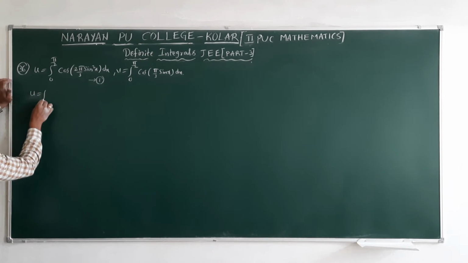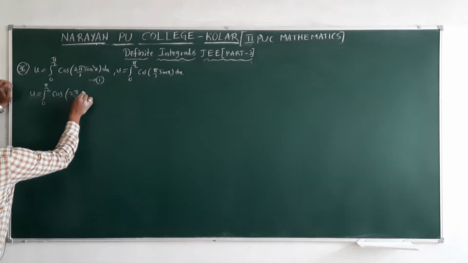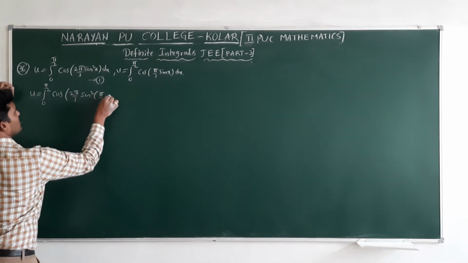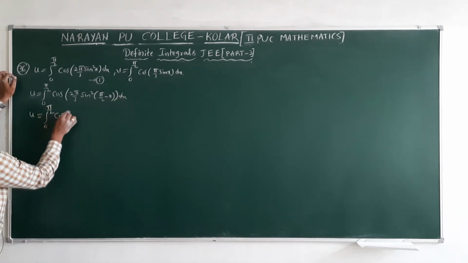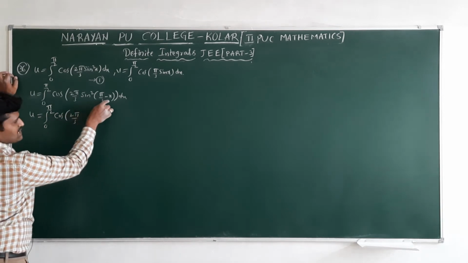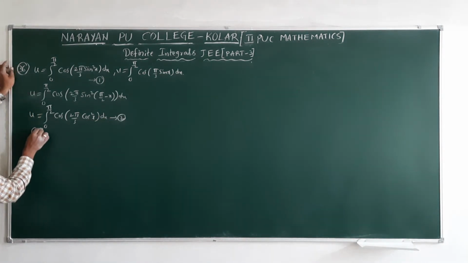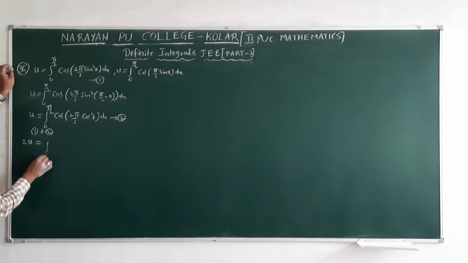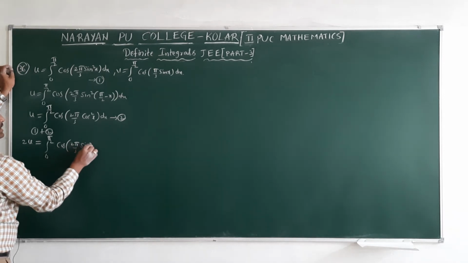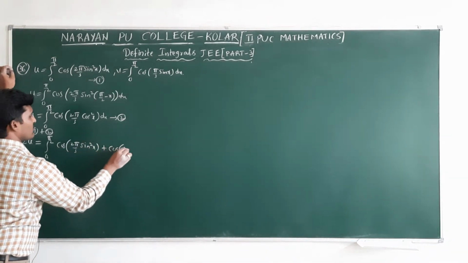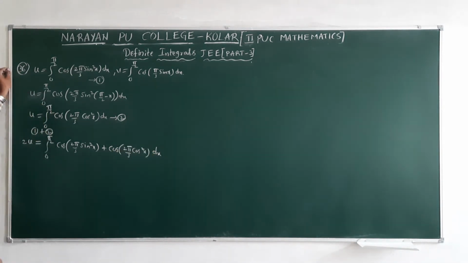I'll apply the same property, integral 0 to a of f(x) dx equals integral 0 to a of f(a − x) dx. So sin²(π/2 − x), and u equals integral 0 to π/2 of cos(2π/3 sin(90° − θ)), that is cos θ, so cos²x dx. I'll add 1 and 2. 2u equals integral 0 to π/2 of cos(2π/3 sin²x) plus cos(2π/3 cos²x) dx.